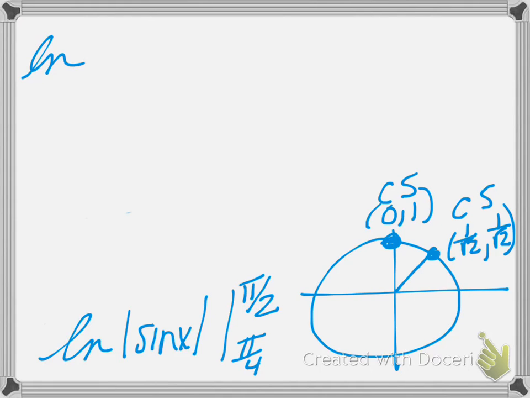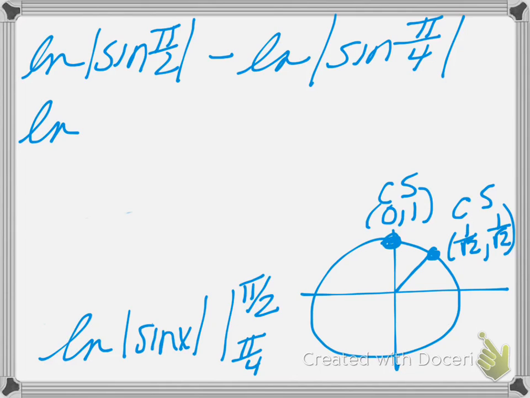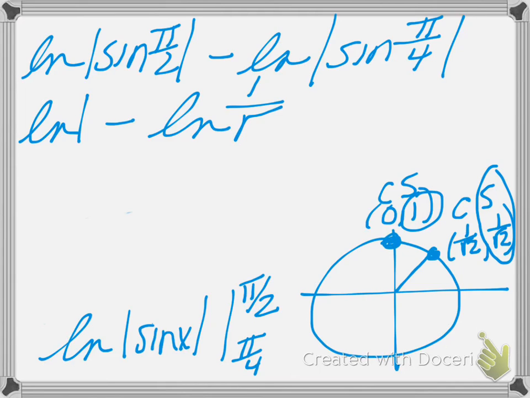Okay, so now we're going to substitute. So we're going to get ln of sine of pi over 2 minus ln of sine of pi over 4. Okay, I'm going to continue. Sine of pi over 2 is 1, minus ln of sine of pi over 4, which is 1 over radical 2.